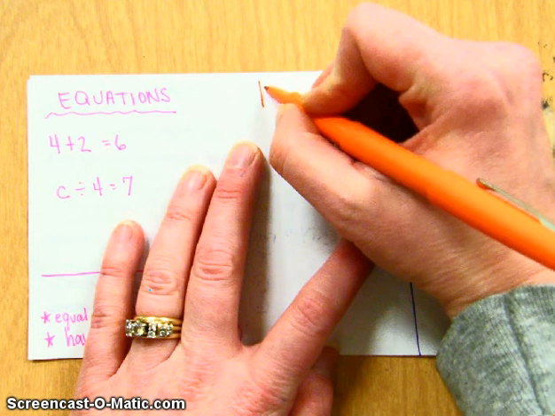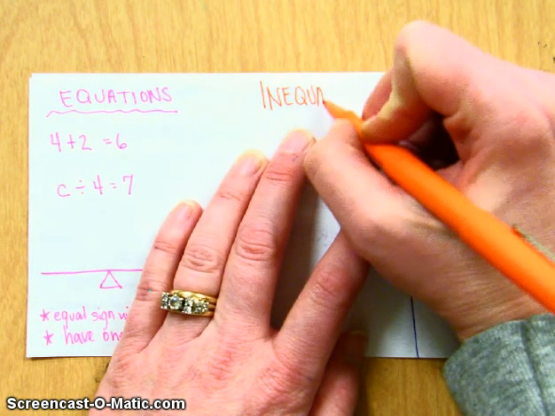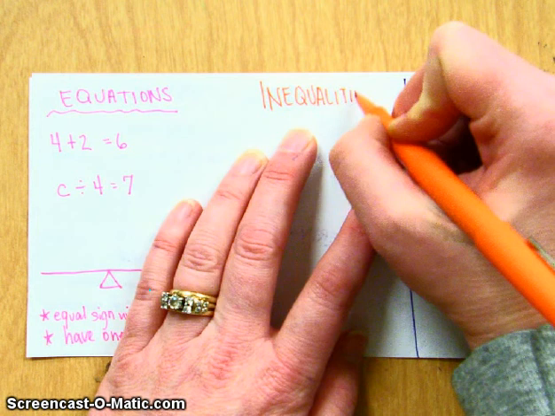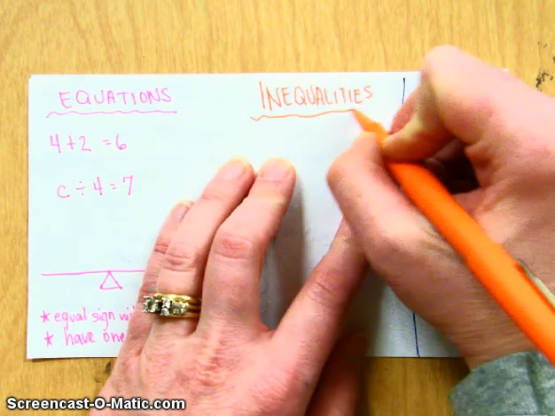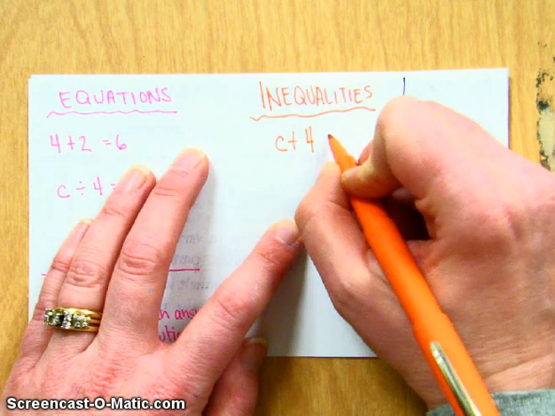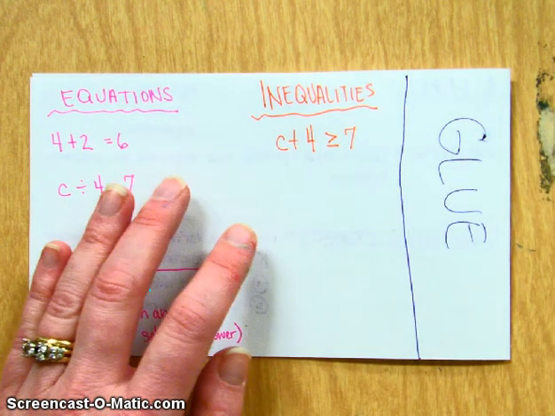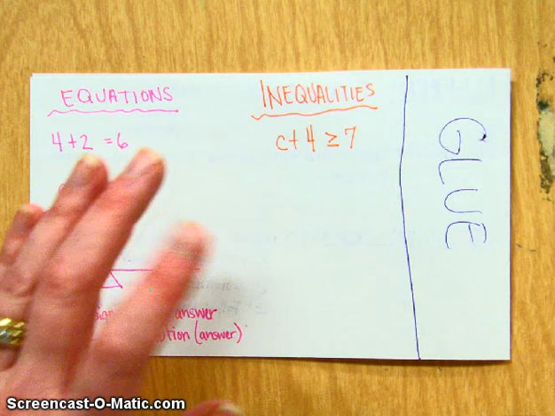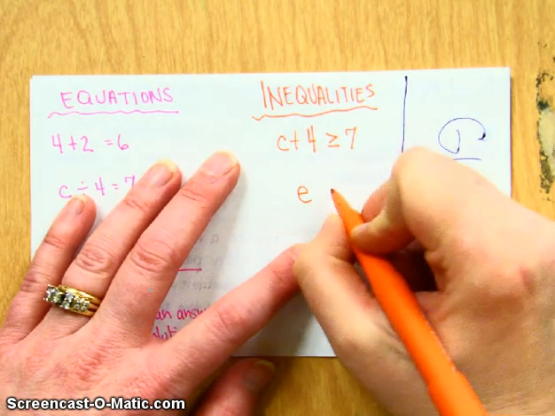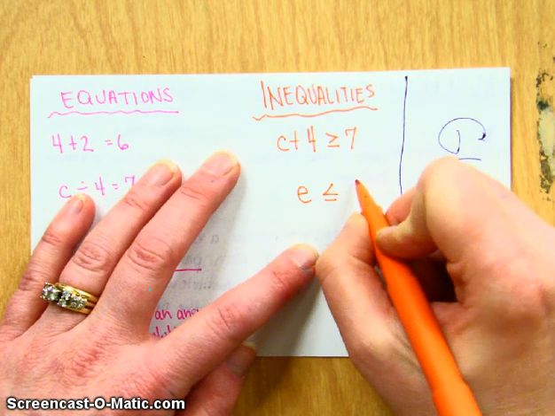Something else that we deal with in math, another mathematical sentence, would be inequalities. That would look like c plus 4 is greater than or equal to 7. Or you could even just say any number that is less than or equal to 2.